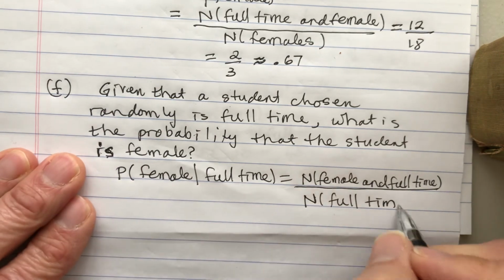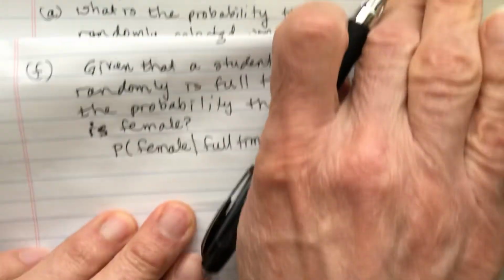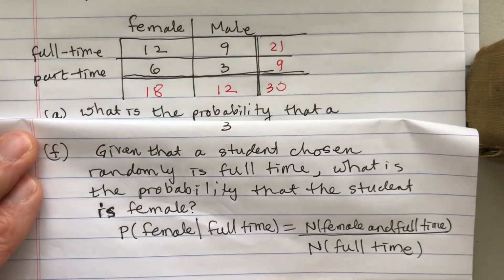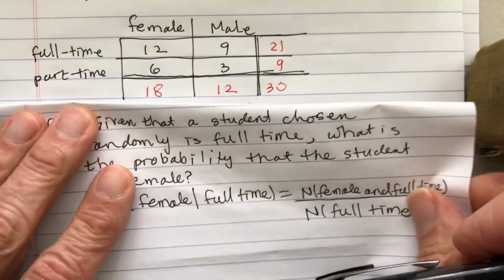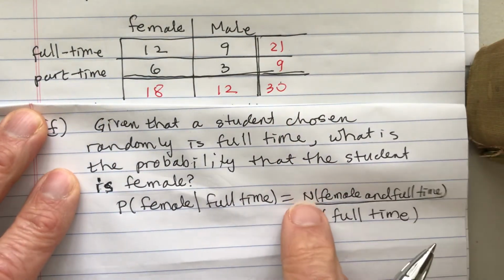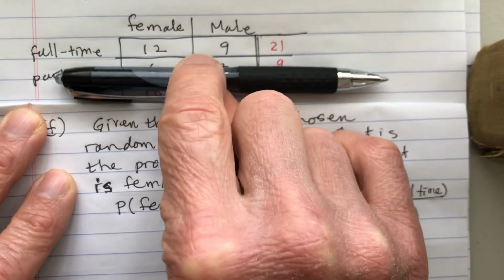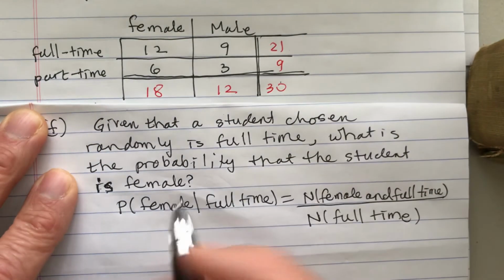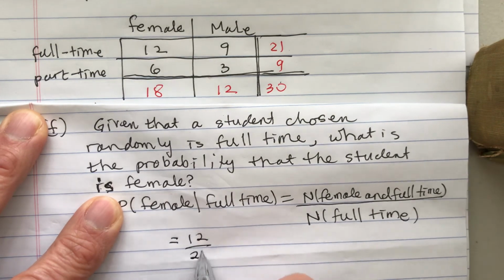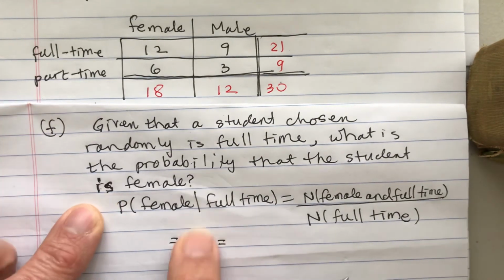Okay, so let's look at this chart above, and fold the paper in a certain way so that this will work. What I have here is we're looking at full-time. Don't even look at the part-time. There's 21 full-time students and 12 are female. So we're going to get 12 out of 21. We can reduce this fraction if we feel like it. You can just put it in the calculator, do 12 divided by 21 and get a decimal approximation.